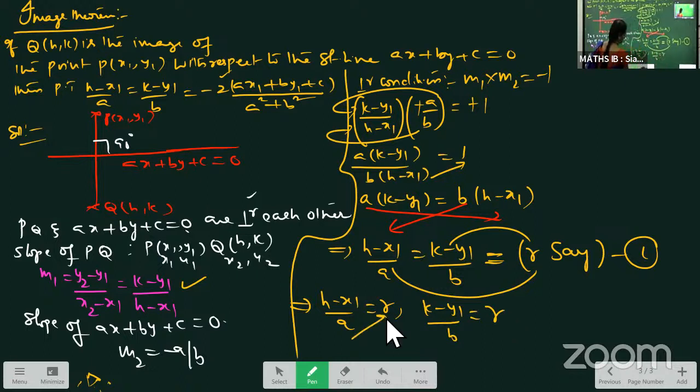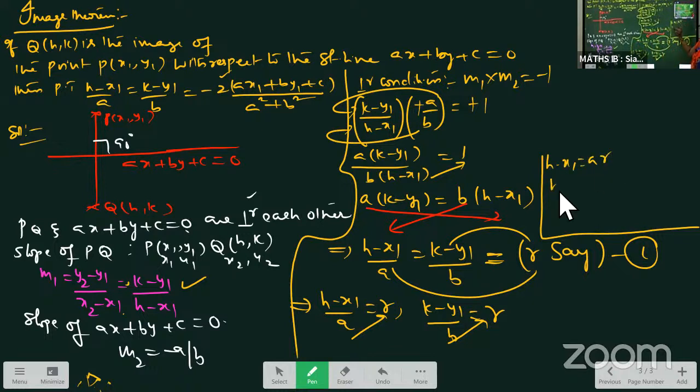Do the cross multiplication. Then what will happen here? It will become h minus x1 is equal to ar. So h is equal to ar plus x1. Similarly, k minus y1 is equal to br.